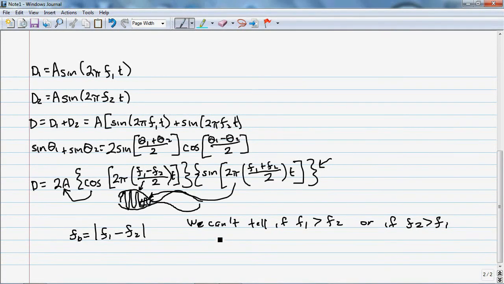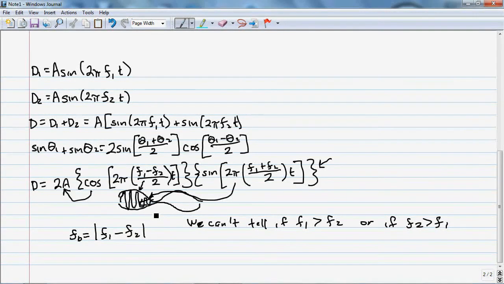It's indistinguishable. We can't make that assumption. So something in the problem will have to tell us whether we use f2 minus f1 or f1 minus f2. We don't know. We'll have to tell that from the problem. We just know that all we can hear is the beat.